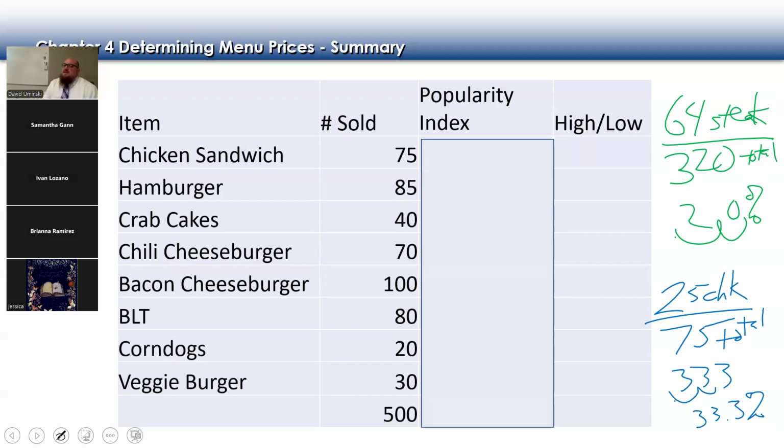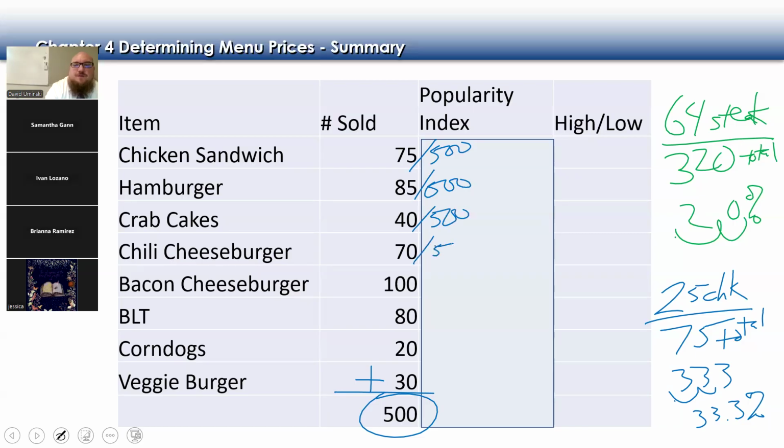So let's get a little bit more practice. I have added all of these for you. You are welcome. Okay. So this is 500 menu items that we sold. So now we're going to divide each one of these by 500.